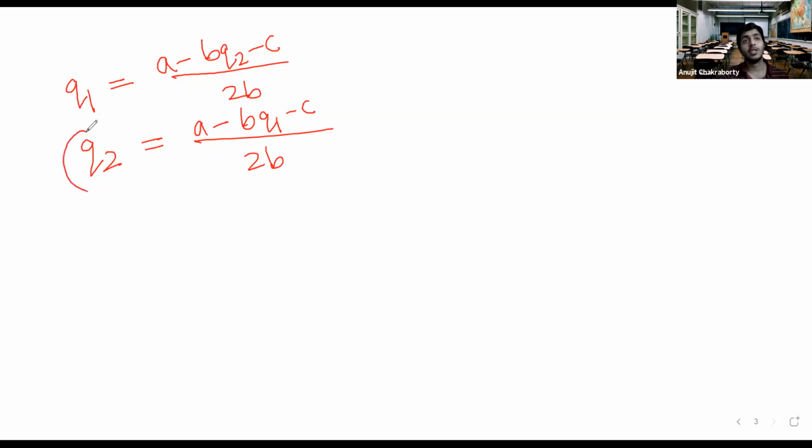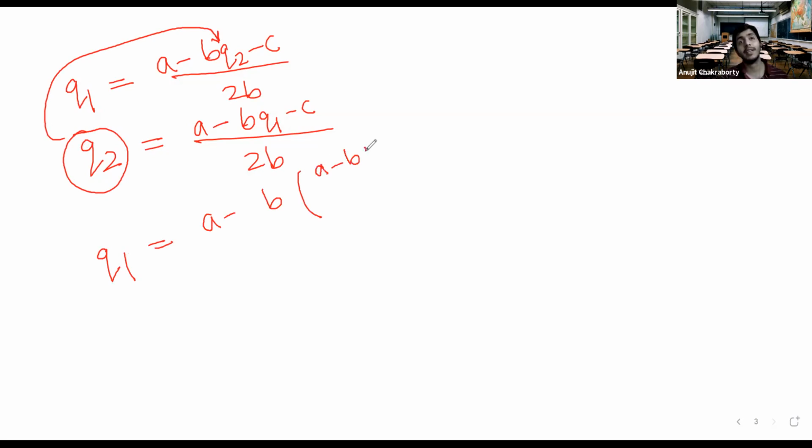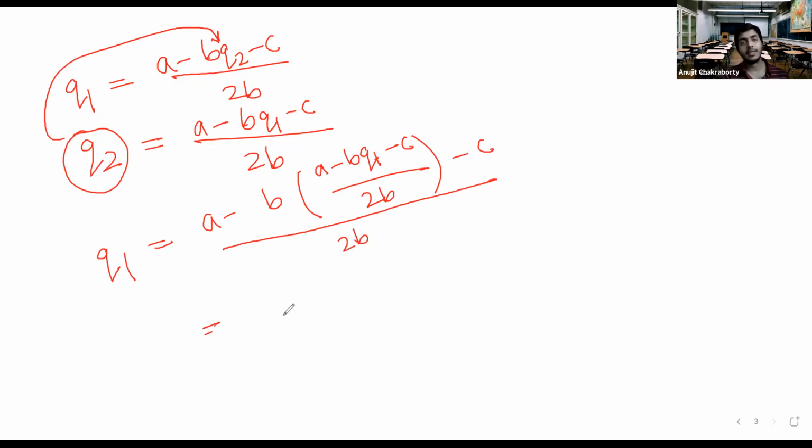So let's substitute Q2 into this equation. What we're going to get is Q1 is A minus B, substituting Q2, which is written as this big whole thing, (A minus BQ1 minus C) divided by twice B, and then minus C, divided by twice B.